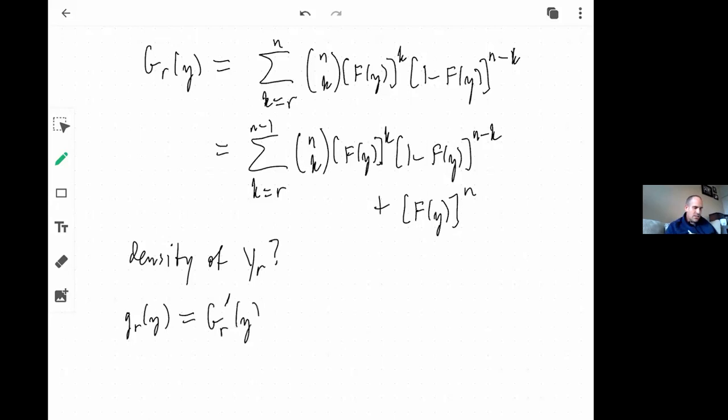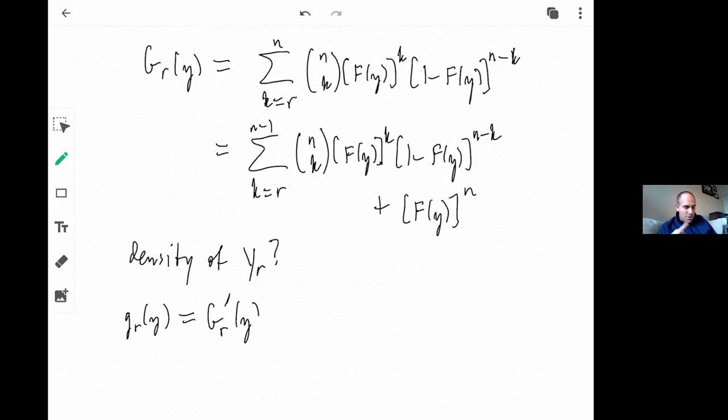The reason I wrote the CDF this way is so that I have non-trivial powers on capital F of y and 1 minus capital F of y in the sum. The powers are always at least 1 for each of those factors. The only one that didn't follow that was the very last term, k equal to n, which is why I peeled that one off.